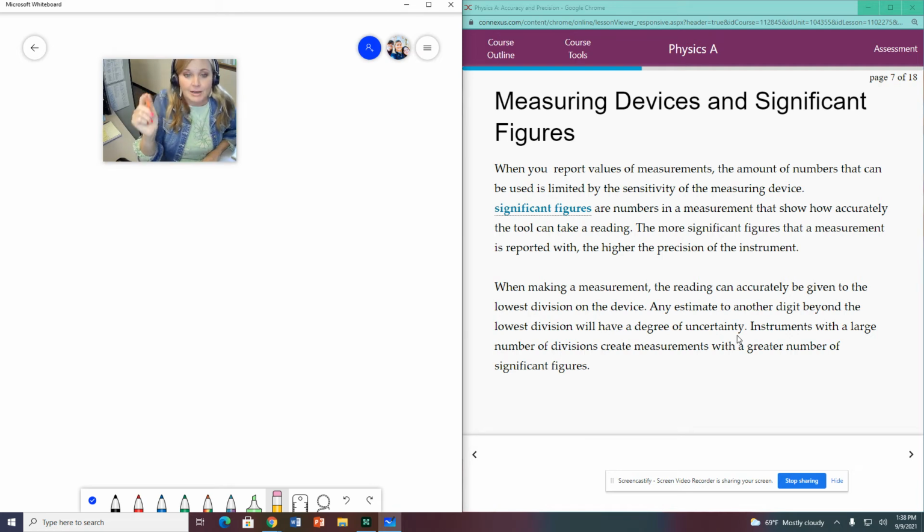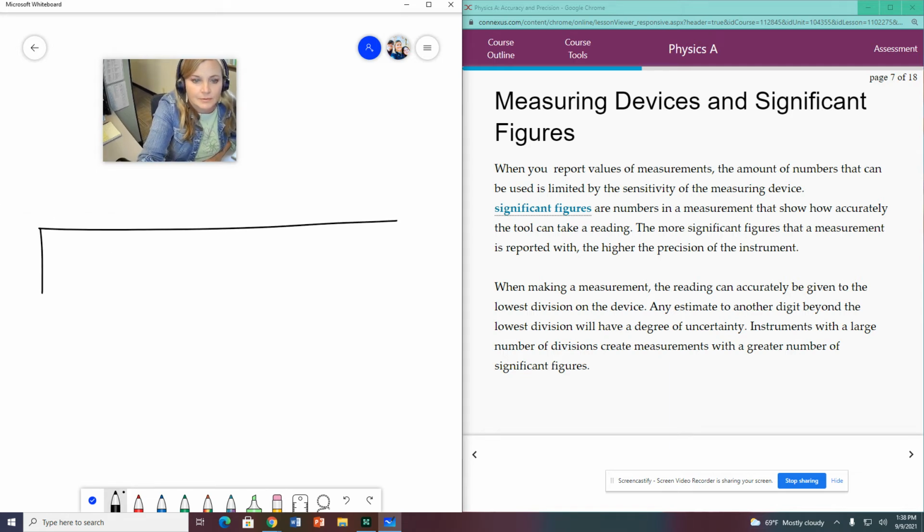So if we went back to my measuring tool, and I had 0 there, so 1 is here, 2. I don't think I did that very good. 1, 2, 3, 4, 5, 6, 7, 8, 9.